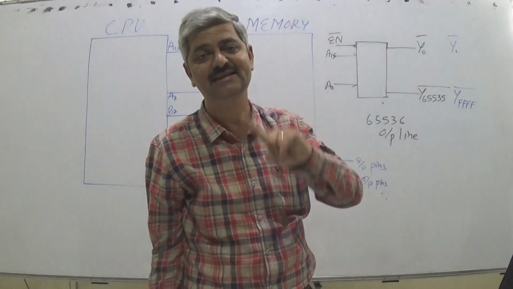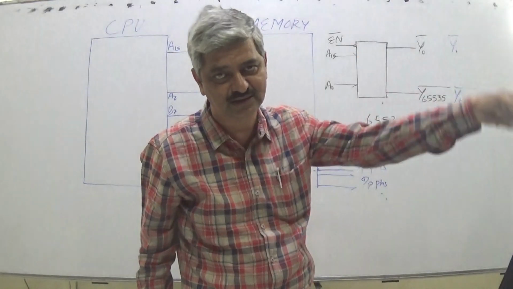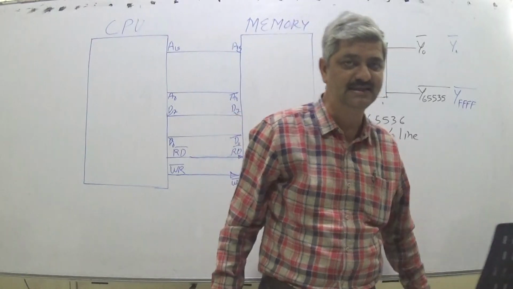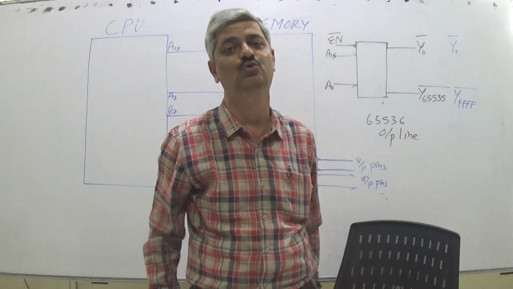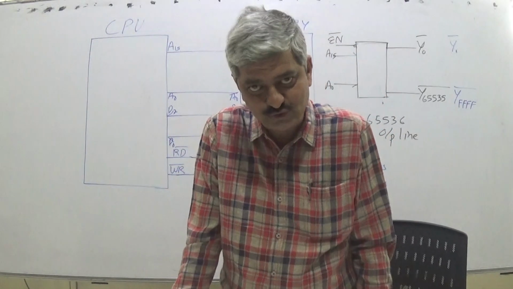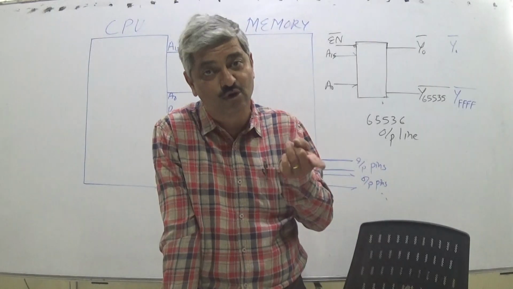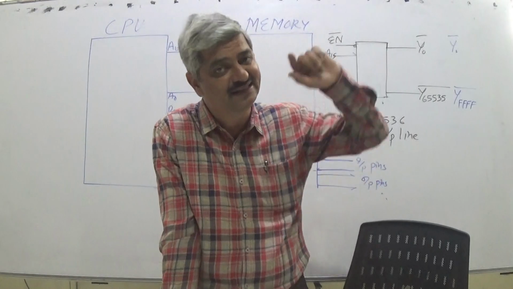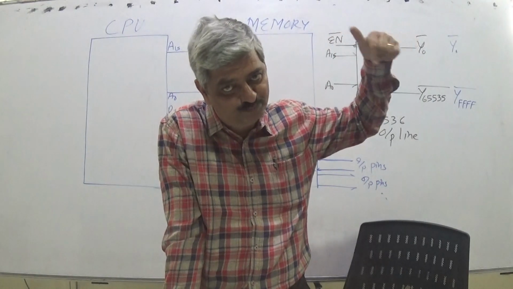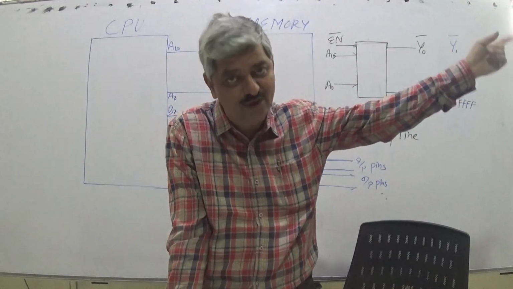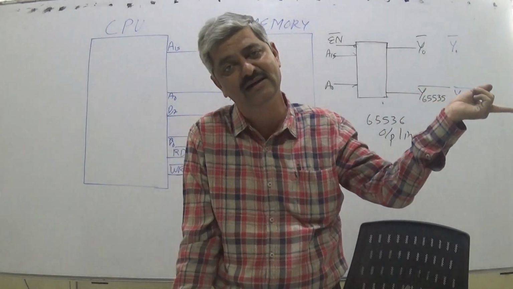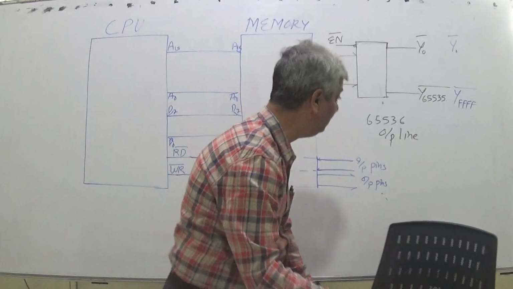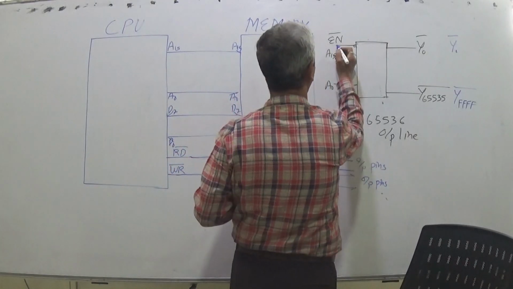So it is an n to 2 raised to n decoder. For n input lines in the binary case we can have 2 raised to n combinations. For one combination of the input select lines, that respective output line becomes low and all other output lines become high if En bar is low.